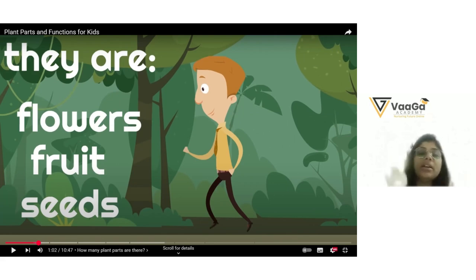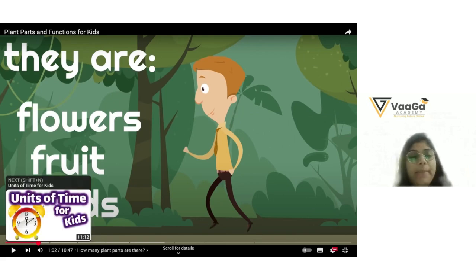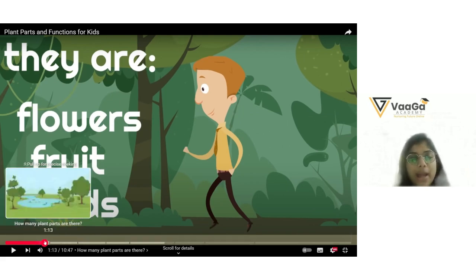Repeat again after me. Root, start from down. Roots, stem, and leaves. Then flowers are coming on the stem, or leaves, and then fruits and seeds. Very good. Okay, now you got it about the six parts of the plant.